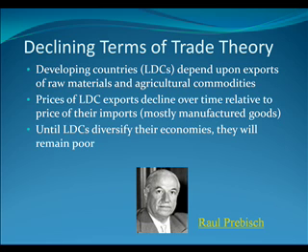Their exports were mainly raw materials and agricultural commodities. Their imports were mostly manufactured goods. So the only way for the developing countries to get out of their poverty was to diversify their economies away from raw materials and agricultural commodities.